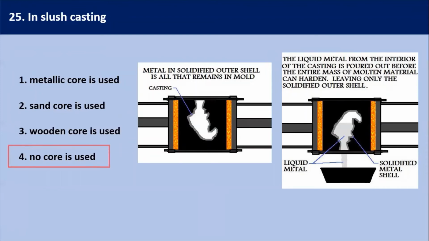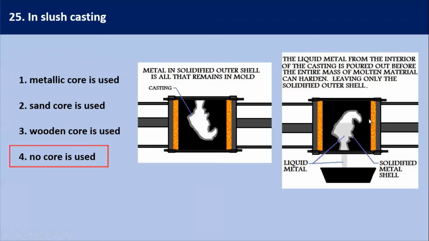In sludge casting no core is used. Sludge casting is a special type of casting in which hollow castings are produced without the use of a core. The mold is filled with the molten metal, and after some time it is turned over to drain most of the metal.